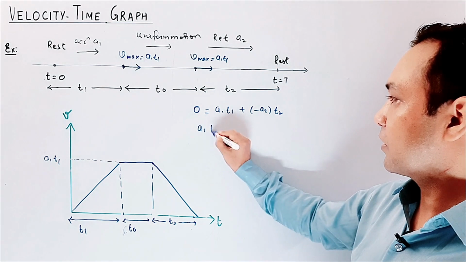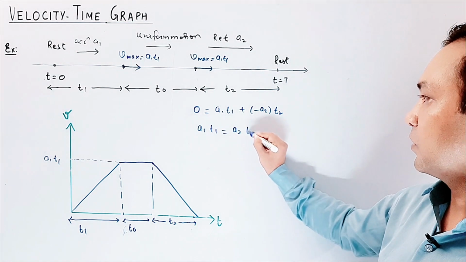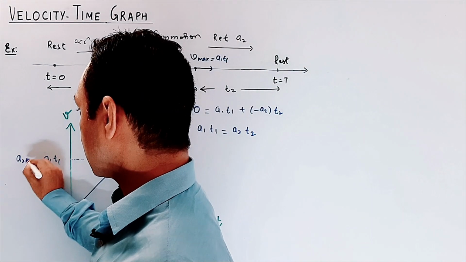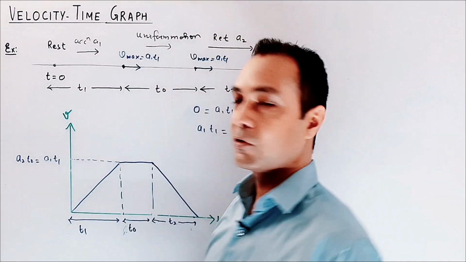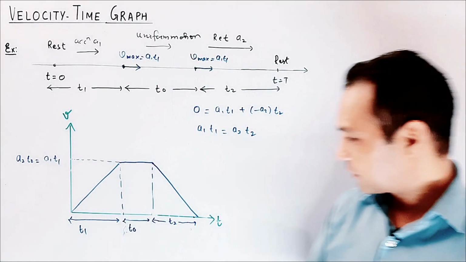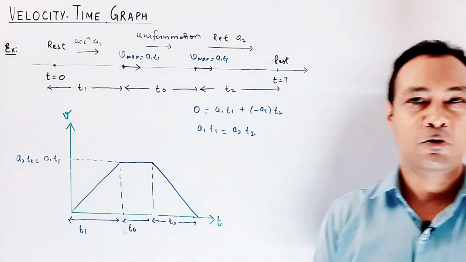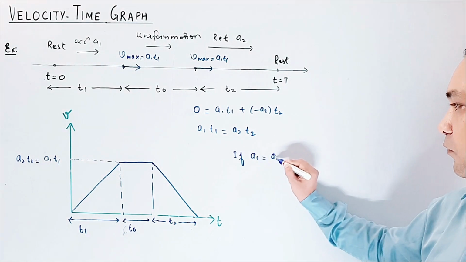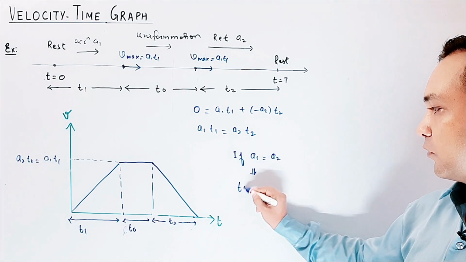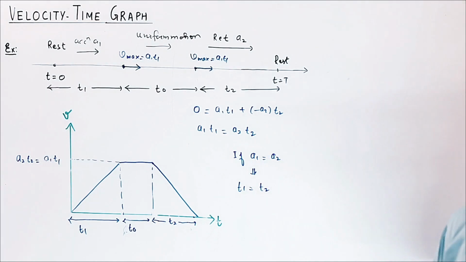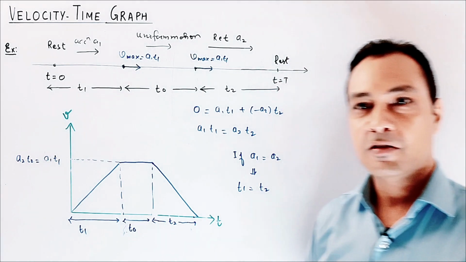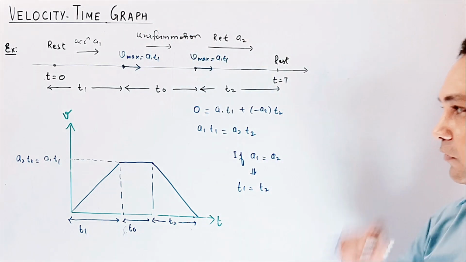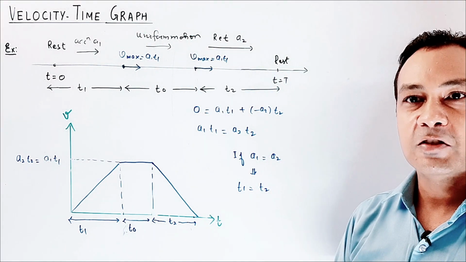So one good thing we got is that a1 t1 is equal to a2 t2. So this peak velocity is a2 t2, and that is also a1 t1. And one more good thing: if a1 is equal to a2, that would mean t1 is equal to t2. That is, if a body accelerates and then retards at the same rate as the acceleration, then the time during the phase of acceleration and the time during the phase of retardation would be the same.